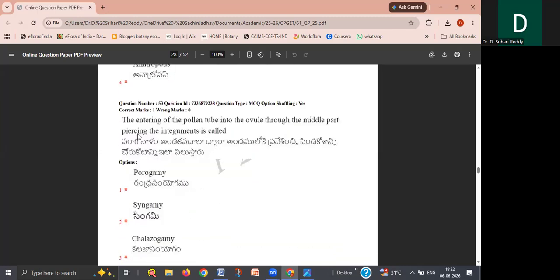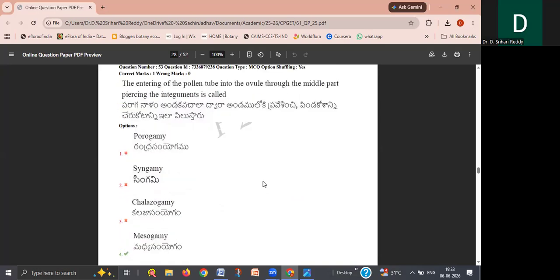And the next question: the entering of the pollen tube into the ovule through the middle part, piercing the integument, is called? During fertilization, after pollination, the pollen on the stigma germinates and forms a pollen tube, and it grows through the style, enters into the ovary, and reaches the ovule.